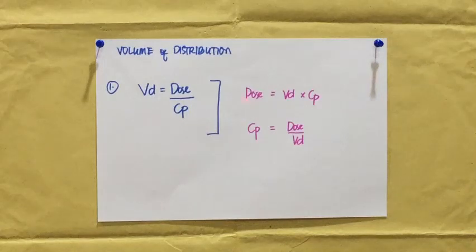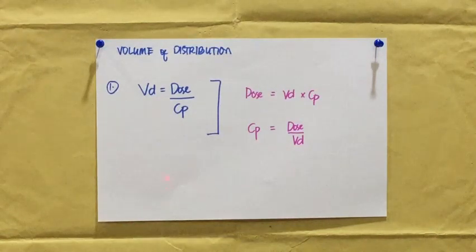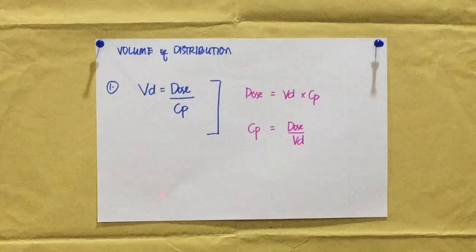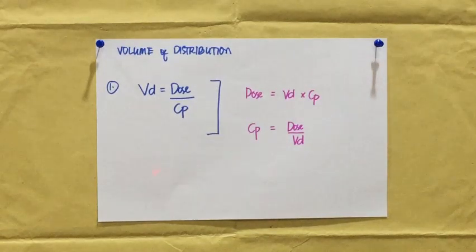So dose now is equivalent to Vd times plasma concentration. And plasma concentration is equivalent to the dose divided by Vd. So the only thing that you have to remember is that the volume of distribution must always be in liters. And when trying to solve problems, you have to have the same units so that your answer will be correct.